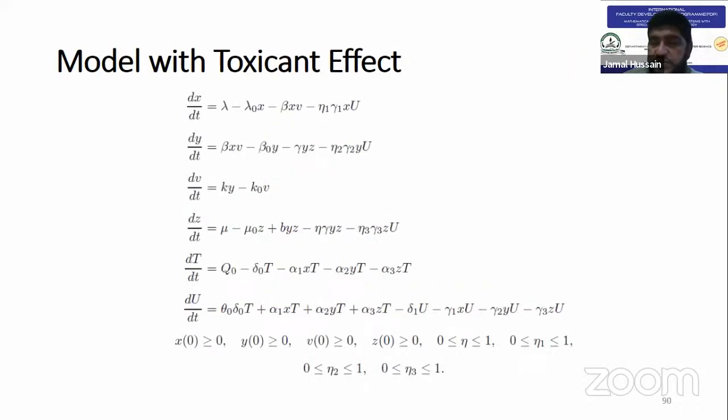And this is in addition to the other parameters, other variables, environmental pollution is also incorporated. You can see T is the environmental pollution, U is the pollution in the body of the species.